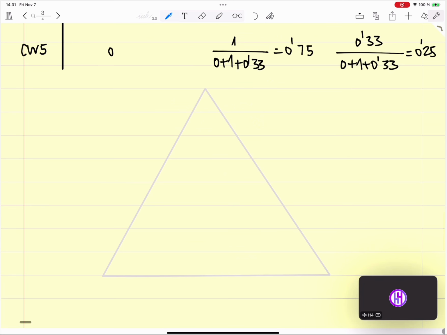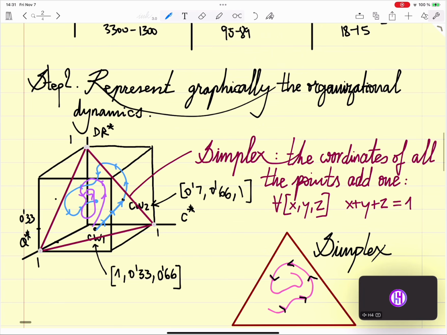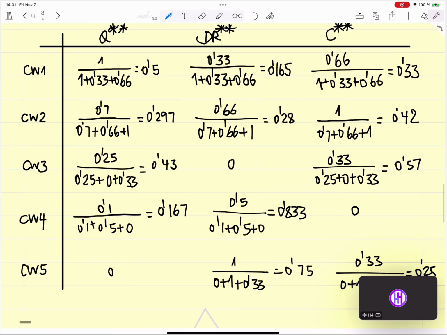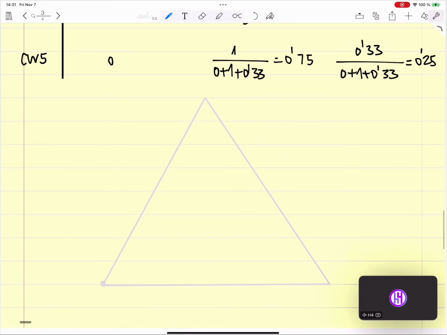If we look from, let's say here, to the simplex, we have on the lower left Q star equal 1. Here we have our delivery rate star star equal 1, I guess.